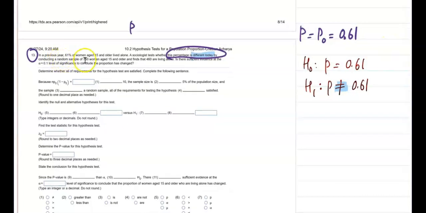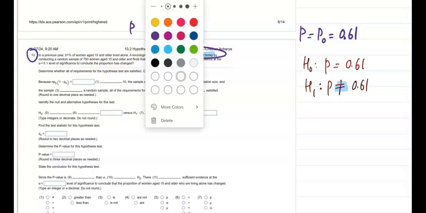So to write the hypothesis, we're going to write H0: p equals 0.61, but the sociologist wants to find the evidence to support that p is not that. It's like different today. So because of different, I use the word not equals to. This is the two-tail test. So to do the test, the sociologist gets a sample of 750 women. So n equals 750, the sample size.